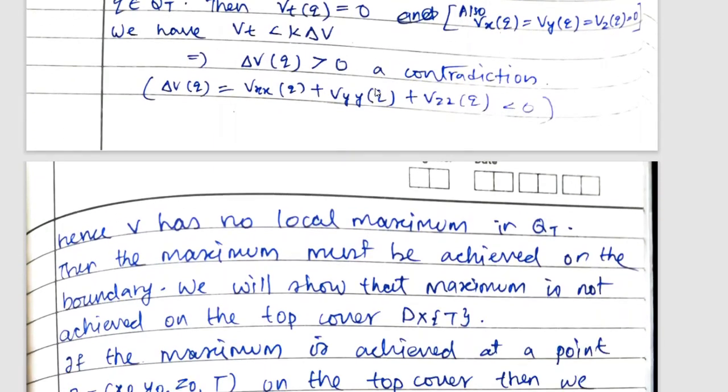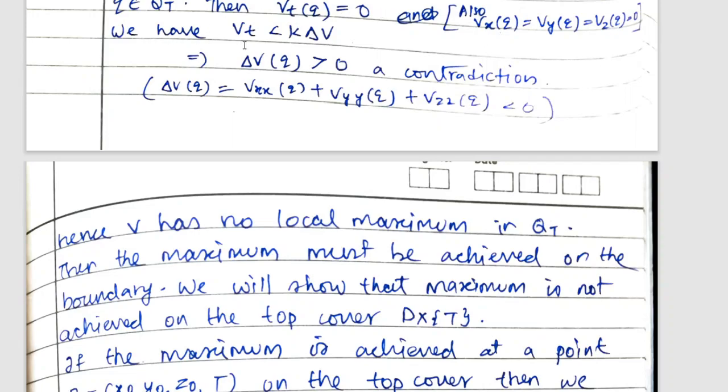Now suppose, by contradiction, that V has a local maximum at some point inside Qt. Let that point be small q. If it achieves a maximum at q, then we know that the first derivative with respect to t will be 0. Similarly, the variables are x, y and z, so the first derivatives with respect to x, y and z are also 0. So we have Vt at q equal to 0.